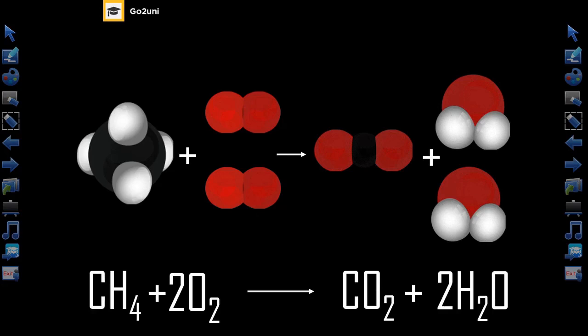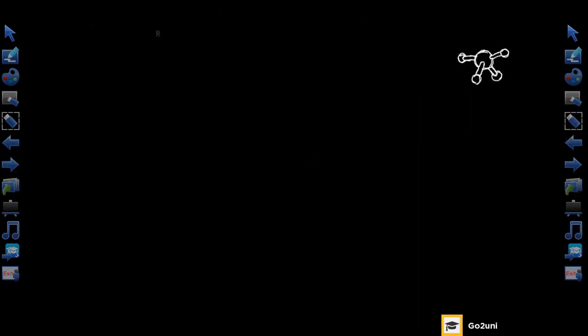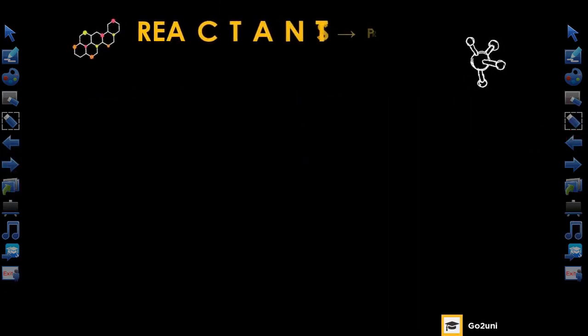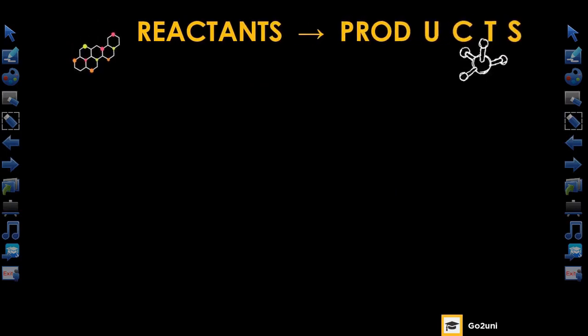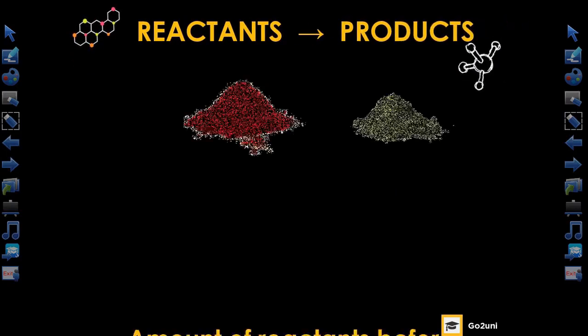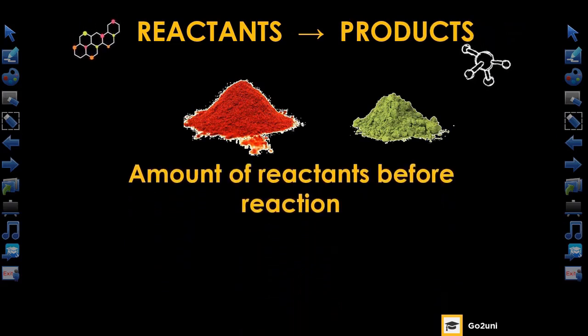If the equation isn't balanced, then it ought to be balanced so we can understand the quantity of reactants that came together to give us the quantity of products we are having. This is what stoichiometry is all about. Reactants and products must have some kind of relationship.